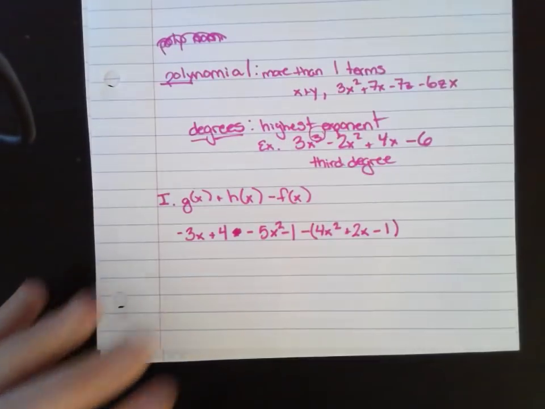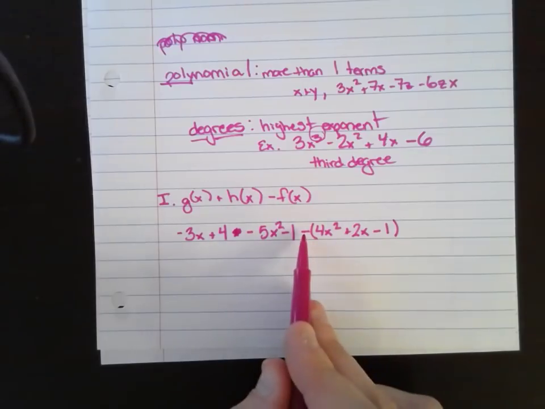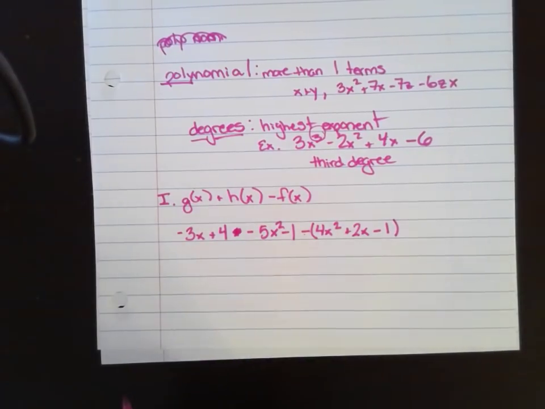Whenever you are subtracting functions, if I'm subtracting f of x, I'm not just subtracting 4x squared. I'm subtracting the entire expression. So when you guys are substituting in your expressions for these functions, make sure if you have subtraction, and that's why I gave it to you in this very first example so you guys can get used to it.